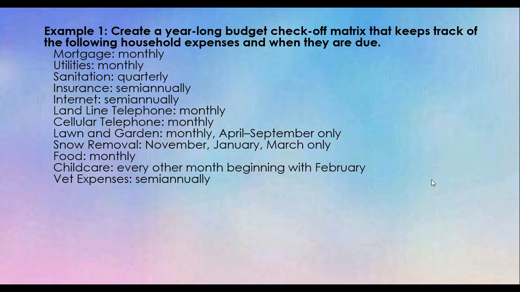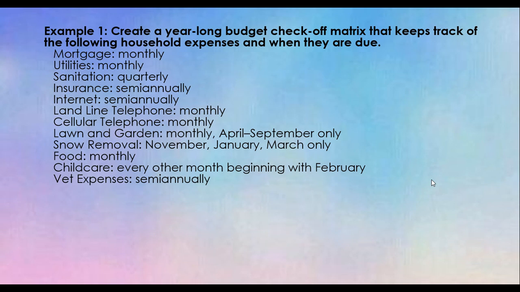Utilities, also monthly. Sanitation, quarterly. Some sanitation costs are trash, like you have to pay for trash and stuff like that. That's a sanitation fee that you have to pay to the city wherever you reside in. So perhaps that's paid quarterly. You only pay it 4 times a year.